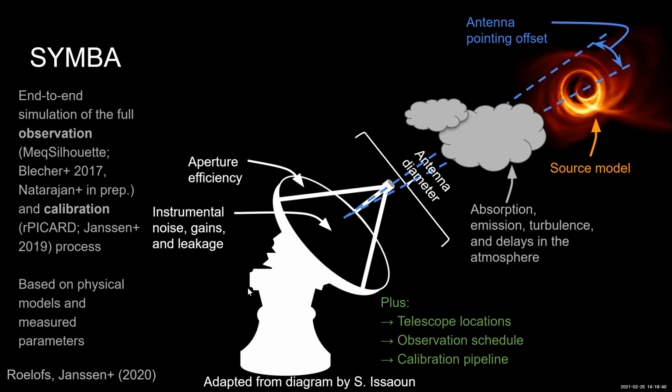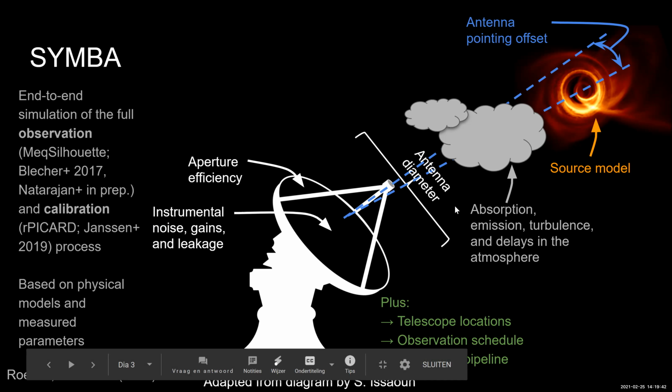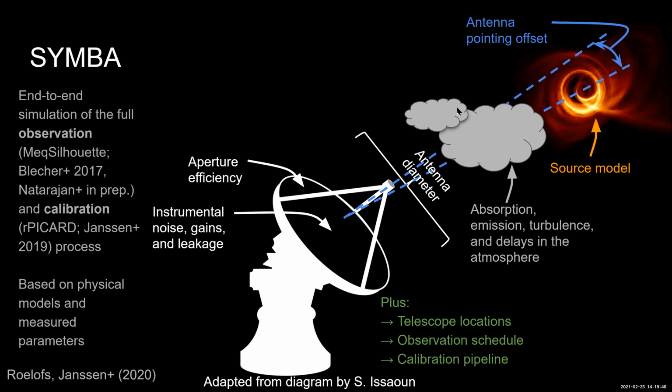So we have all these properties of the antenna itself. Then we have an atmospheric model, which is an important component because the atmosphere really affects these high frequency VLBI observations. We simulate the pointing offsets of the antennas.